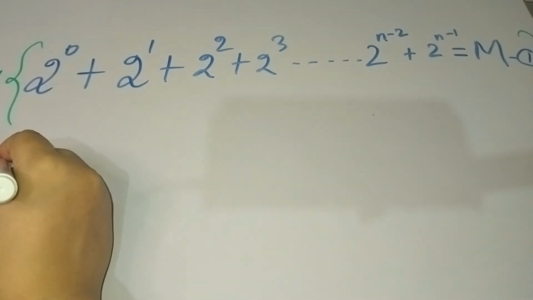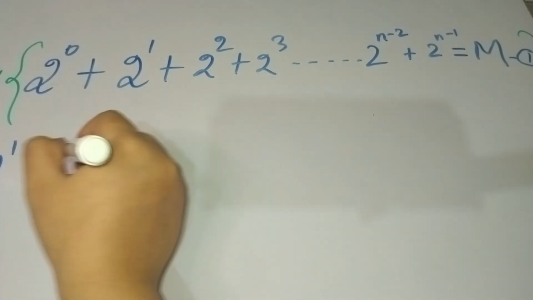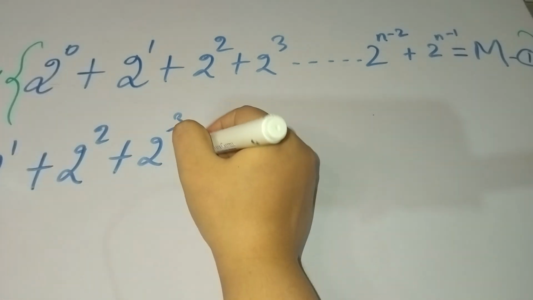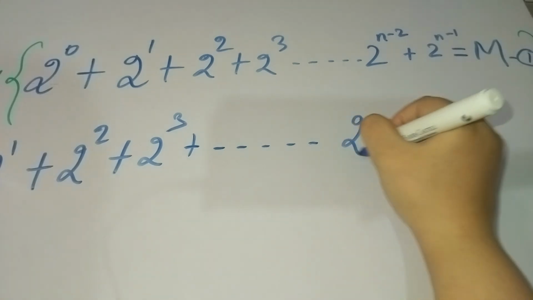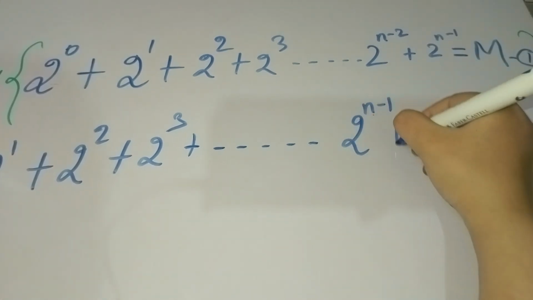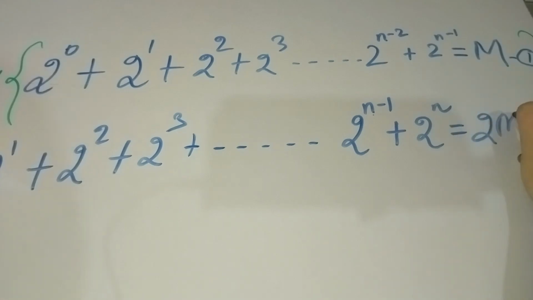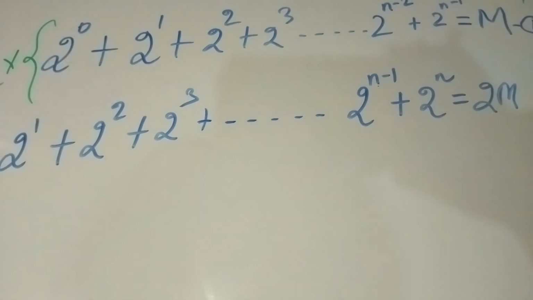I will get 2 to the power 1 plus 2 to the power 2 plus 2 to the power 3, and so on, 2 to the power n minus 1 plus 2 to the power n equals 2m. Right? So this is my second equation.